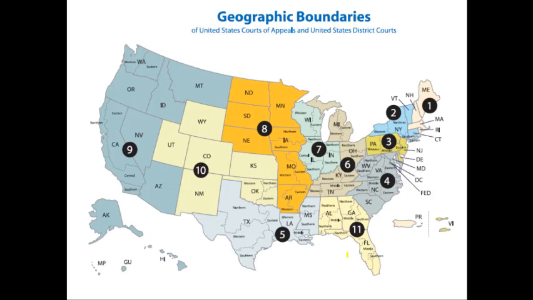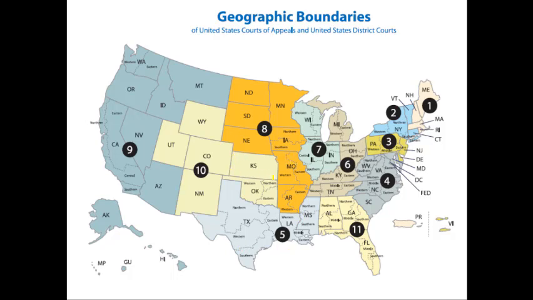Now, here are the federal court boundaries, and what I'm going to show you here is the dotted lines first. These dotted lines represent the federal district court boundaries. As you can see, there are several of these dotted lines showing boundaries of courts.